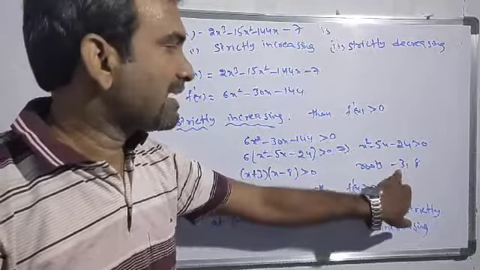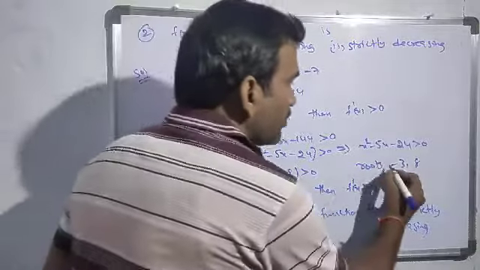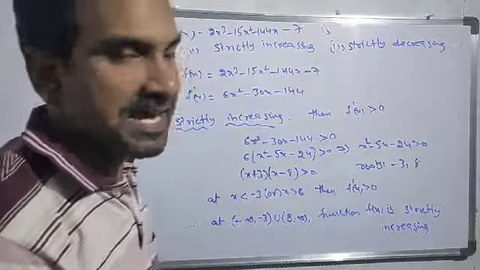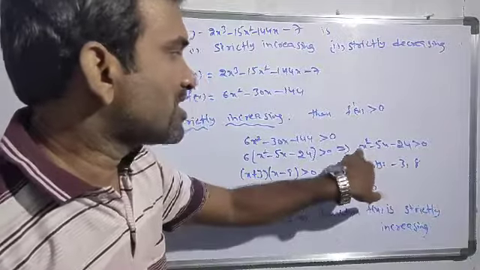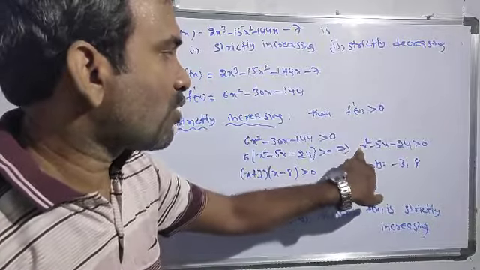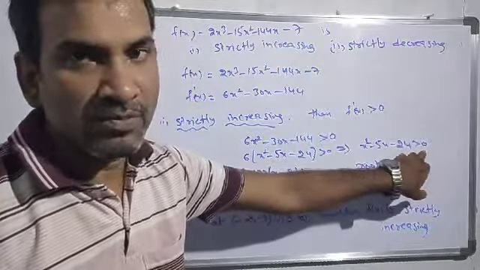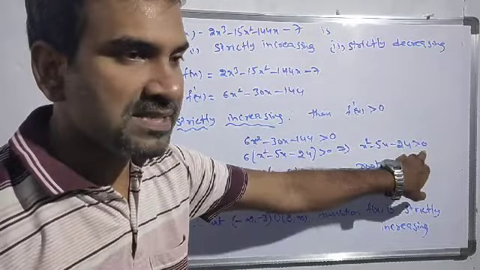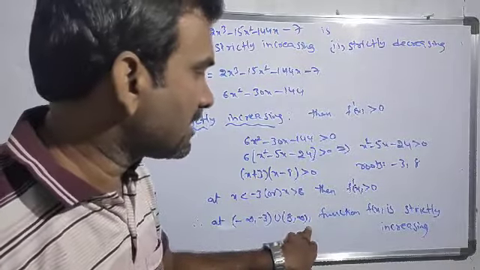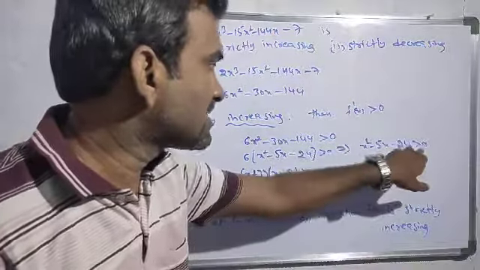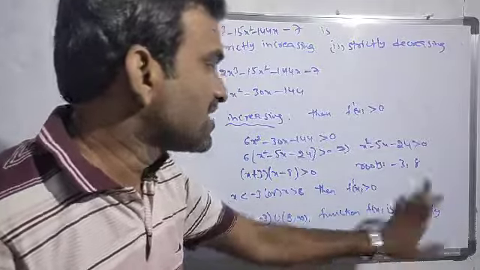Roots also I am writing from the alpha comma beta point of view. Alpha is always less than beta, so minimum value, maximum value. Principal coefficient is positive, expression should be positive, same signs: below alpha, above beta. In this case the given f dash of x is greater than 0, so f of x is strictly increasing.